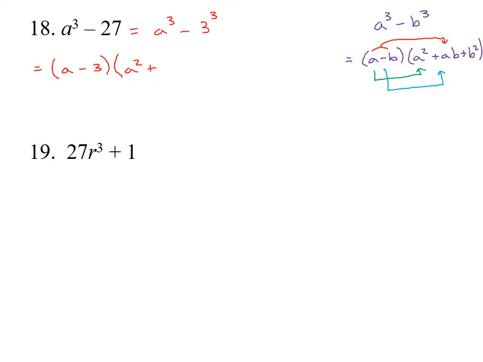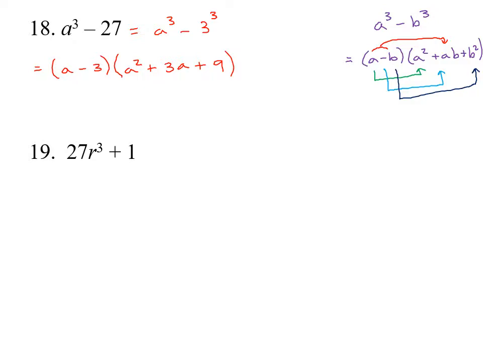That would be 3 times a, which would be 3a. It's always a positive at the end, so that's always going to be a positive. And then you square the last one, the b gets squared, and so the 3 gets squared to give you 9. And that's your answer. The second part does give you a trinomial, but that trinomial will never factor. So we'll leave it just like that.